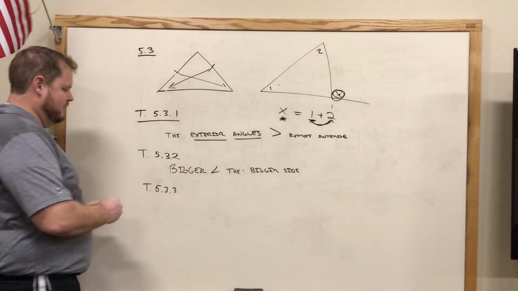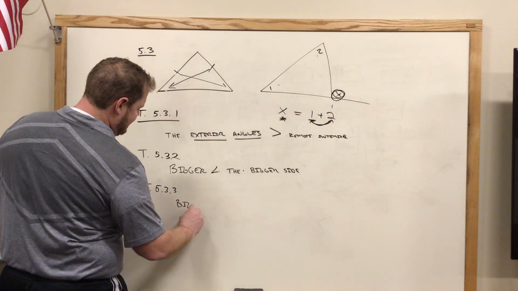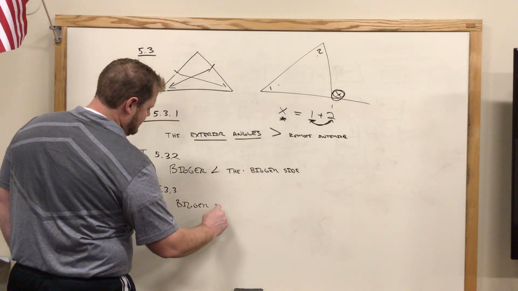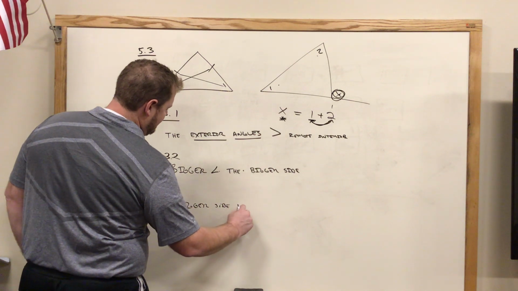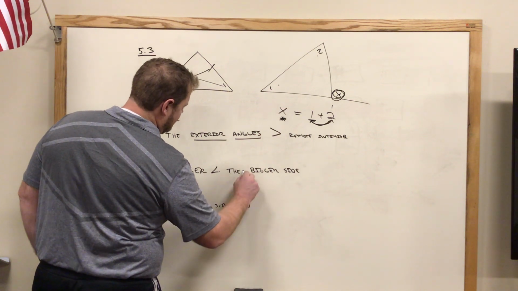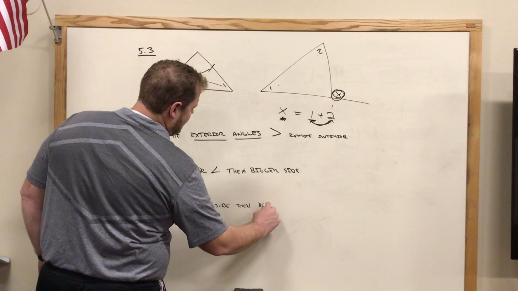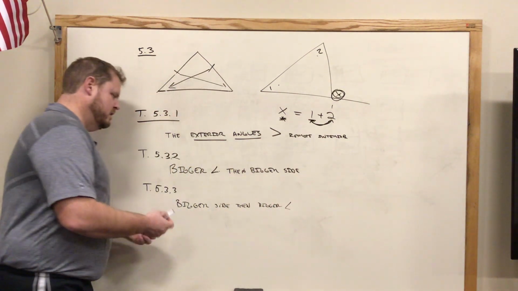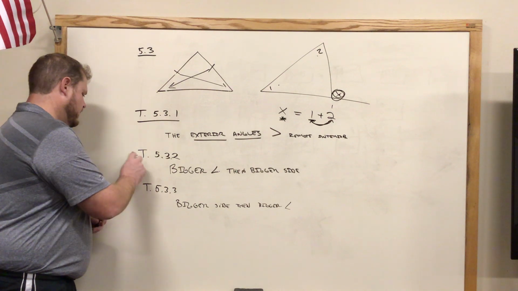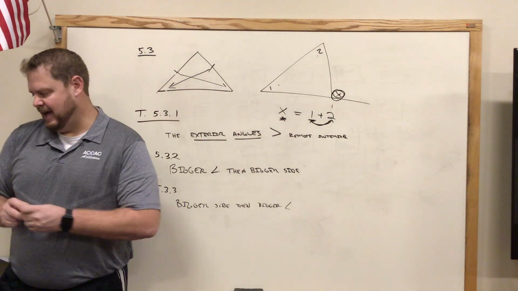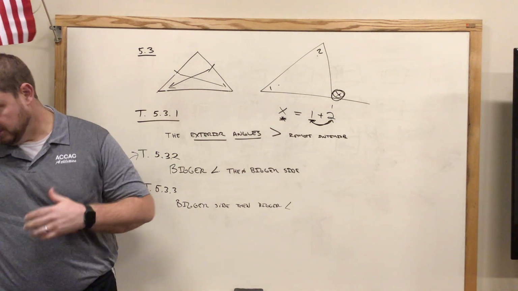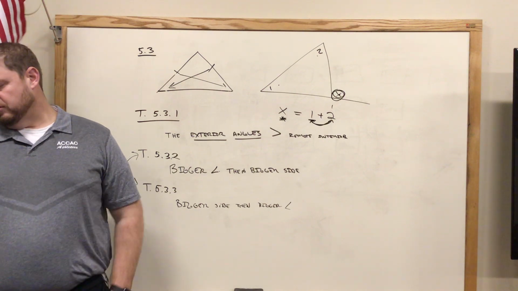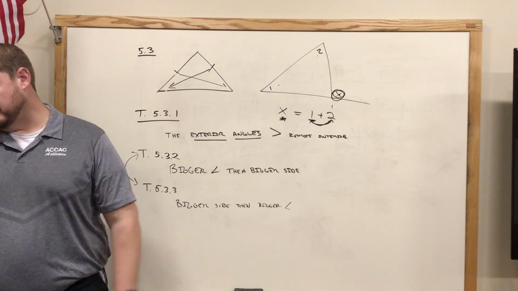So here we go: bigger side, bigger angle. These two are reverses of each other. By the way, you should have learned by now that a lot of times when you have one theorem, you'll have the other. Those are the theorems you have to remember, study, and learn.